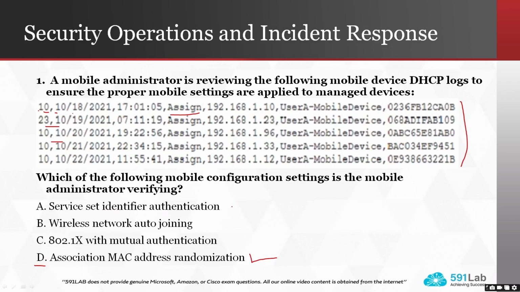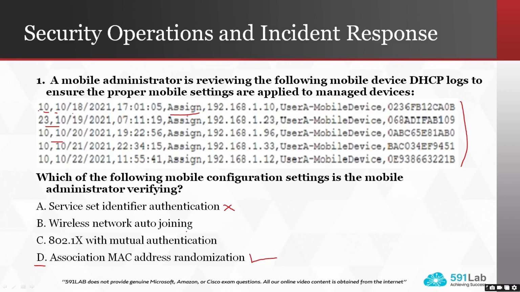192.168.1.X addresses are private addresses typically used within a local network, not for Service Set Identifier authentication or any wireless network auto-joining. So both A and B could not be the correct answer.